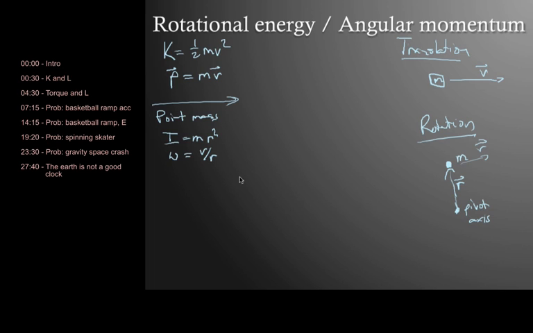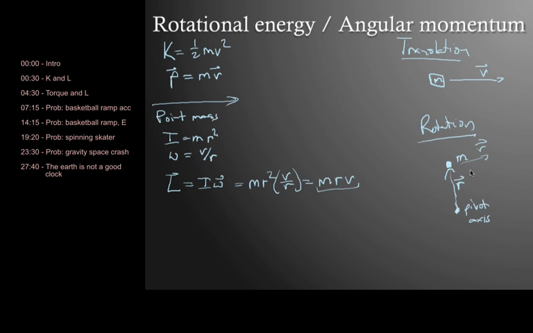So the angular momentum we would find is L equals I times omega. And omega is a vector, and L points in the same direction that omega does. So if we plug in these values, I is m r squared, and then we multiply by omega, which is v over r, and what we get is m r v.